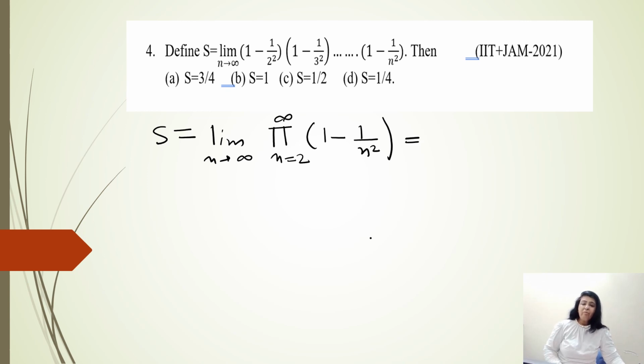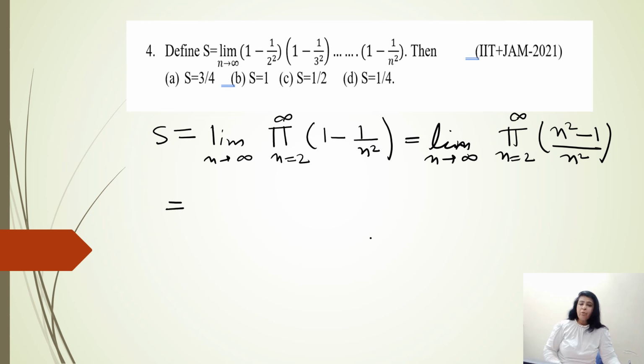Now what will we do? Limit n approaches infinity, product n varies from 2 to infinity, of n square minus 1 by n square.